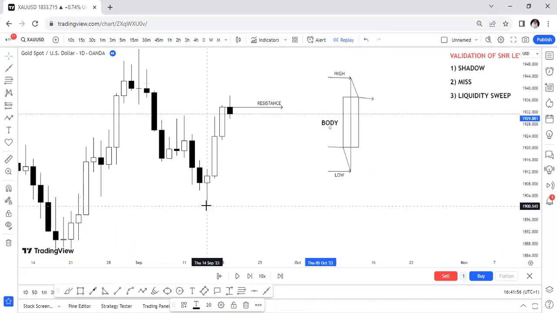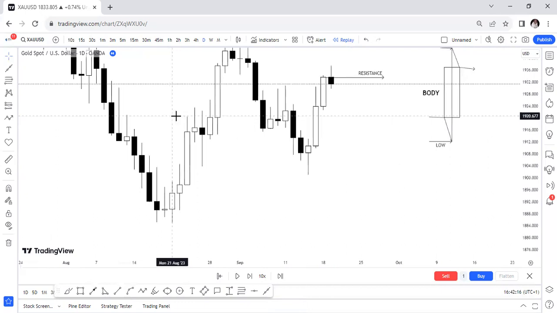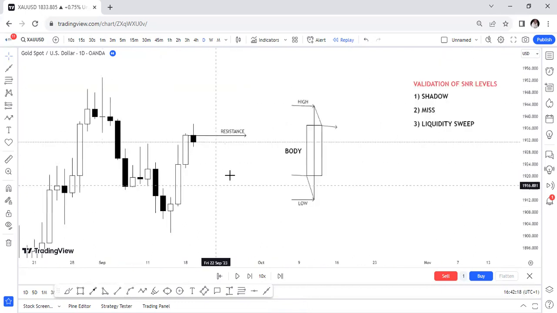This wick now indicates the rejection of this lower level here. This place represents the rejection of a higher level here. All this upper wick you are seeing here represents a rejection at the upper band, which is resistance. The lower wicks represent the price rejection at what? At the support level. Just get that knowledge so that you use it to trade into your SNR.